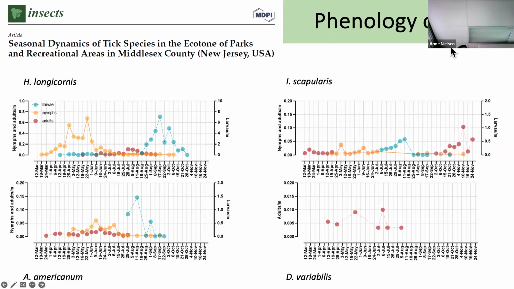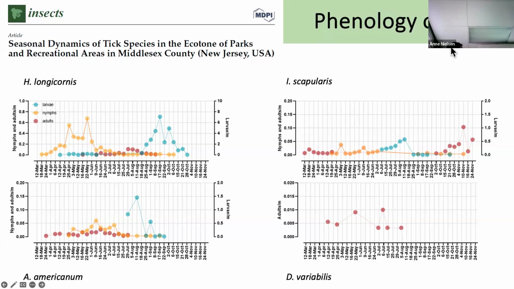People and pets inadvertently go into the ecotone more often than they go deep into the forest. So we thought that by looking at this area, we could assess which tick species were more problematic and which people were most exposed to.